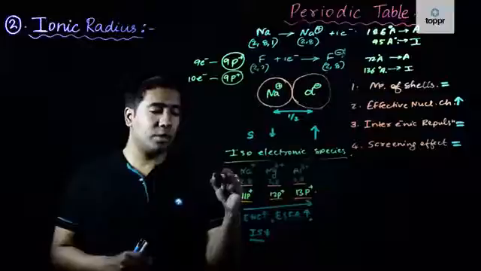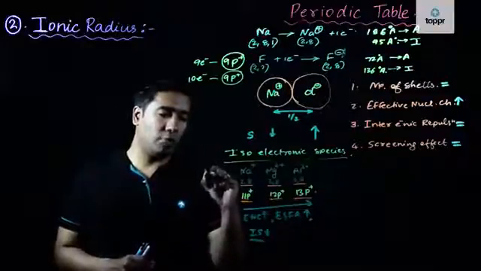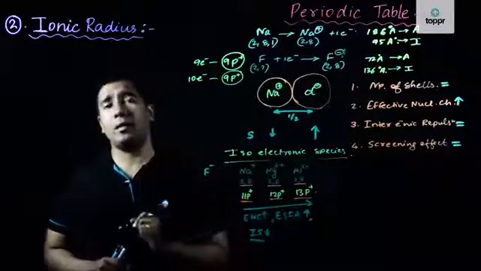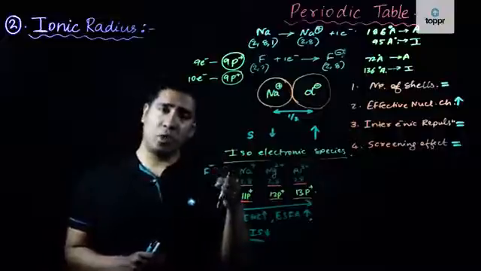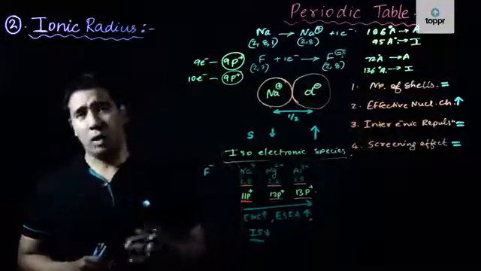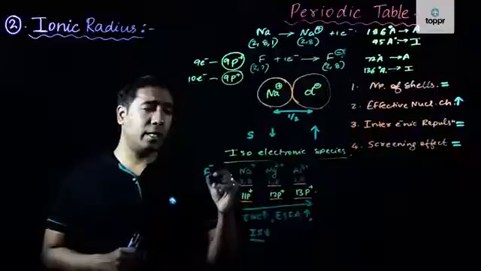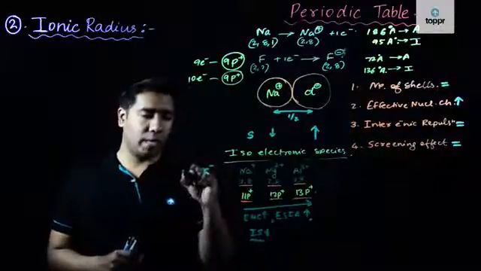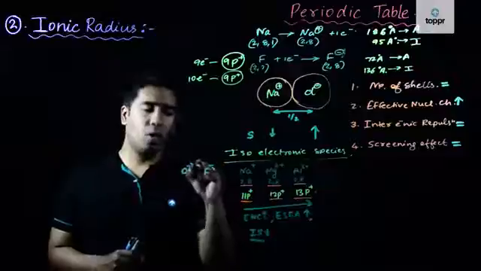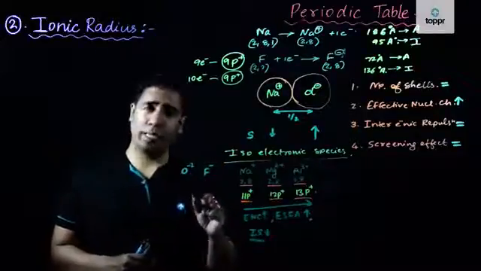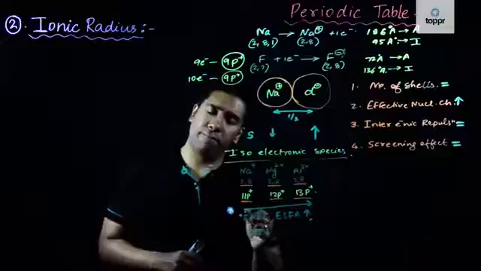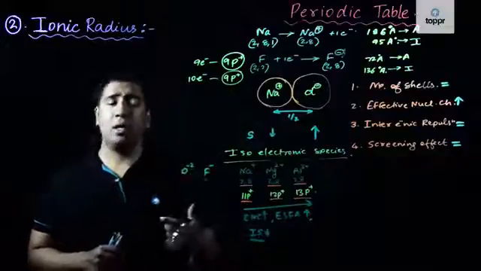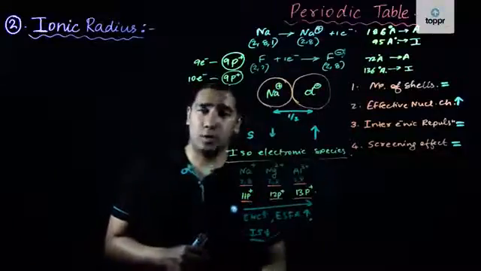If we consider the example of fluorine, we know that after fluorine there is a noble gas, neon, right? So right now we are not considering neon. Before fluorine, we have the oxide ion, O2 minus, wherein the oxygen atom accepts 2 electrons from outside.